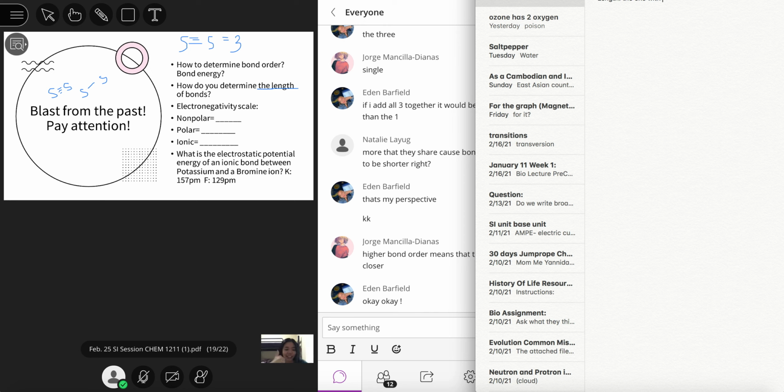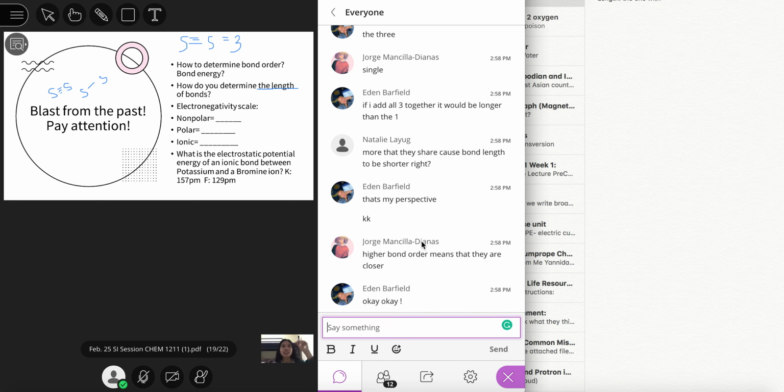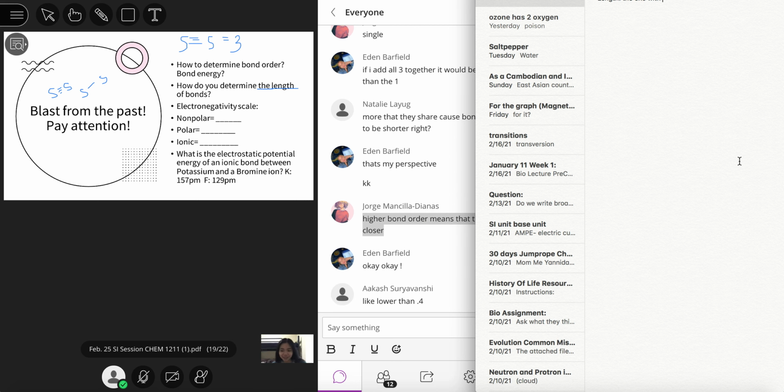You're doing fantastic. What about electronegativity scale? Nonpolar. How do we determine if it's nonpolar? What's the numeric value? I think we went over this last week. So what's the number that's associated? Yes, equal to or lower than 0.4. Exactly.